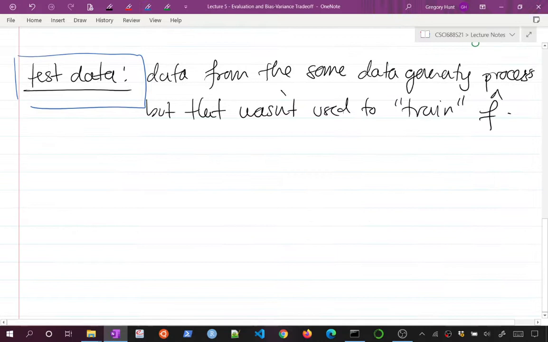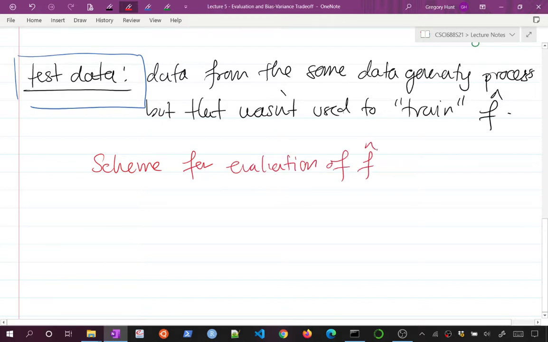And we're going to have a scheme for evaluation of different f hats, of our different machine learning models, algorithms, predictor functions.